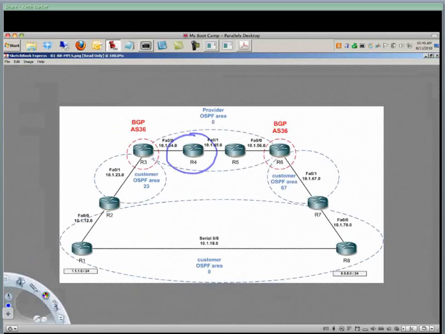If we look at the diagram again, R4 received labels this way and this way for the 5.5.5 network. And with liberal retention mode, R4 remembers all those labels. To make a decision on which way to go when he needs to forward to that destination network, he's going to use, based on the routing table, the best next hop, and whichever neighbor owns that best next hop, that's the LDP neighbor we're going to use.